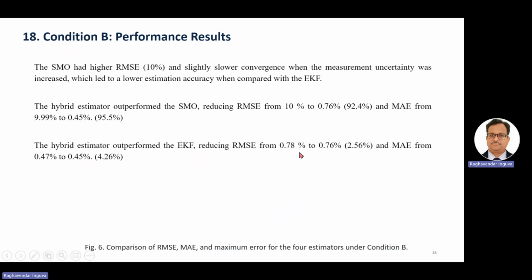In the case that we have studied, it reduced by 2.56% in RMSE, and in MAE, the absolute error, it has reduced by 4.26%, which is also a considerable percentage. So by comparing all these things, we can clearly say that the hybrid estimator is outperforming both. SMO, it is outperforming by a very large percentage, and EKF, it is outperforming by considerable percentages. So this is what the finding is.